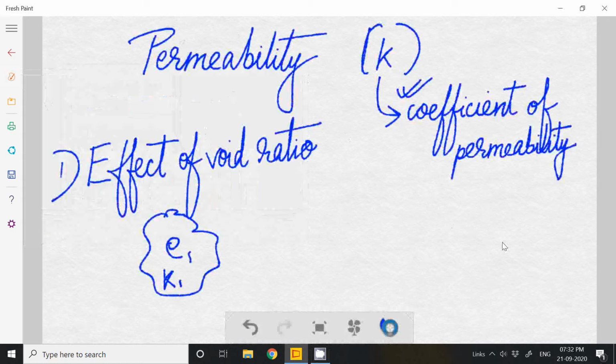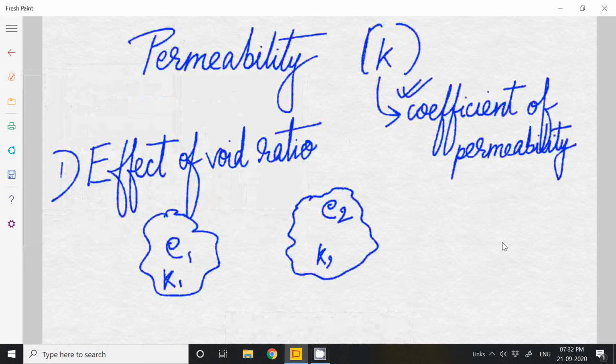Then suppose due to some compaction or expansion, the void ratio of the soil changes and it becomes E2. Then what will be the new permeability K2 for the same soil?